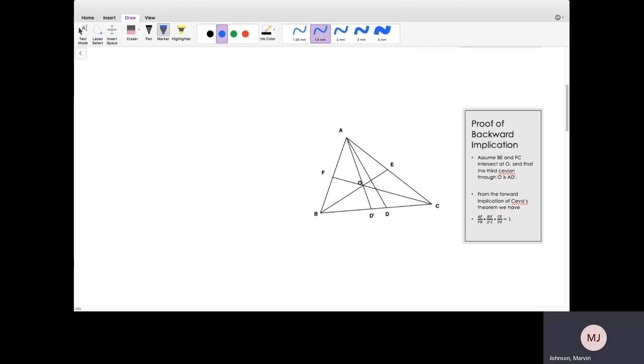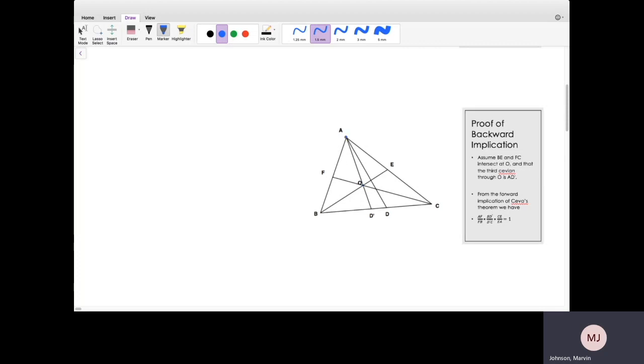So we have line segment AD prime satisfy Ceva's theorem by being concurrent with FC and BE, and we say the point of concurrence is O. So FC, EB, and AD prime are all concurrent, and we know their relationship satisfies Ceva's theorem.